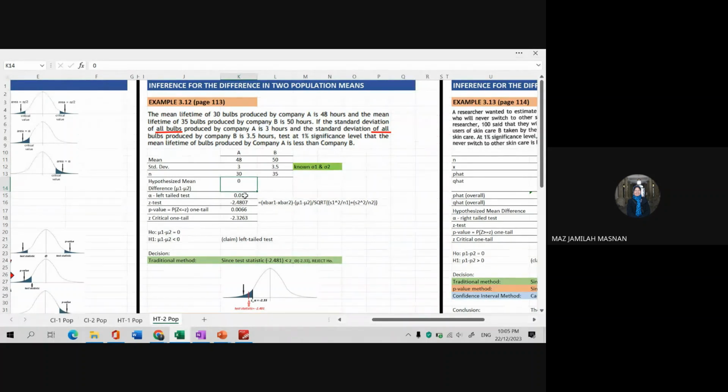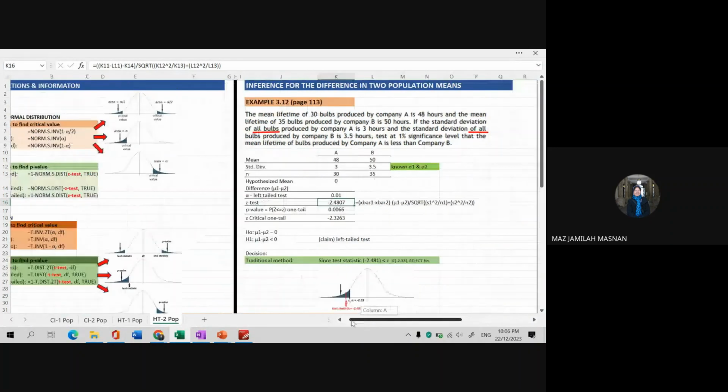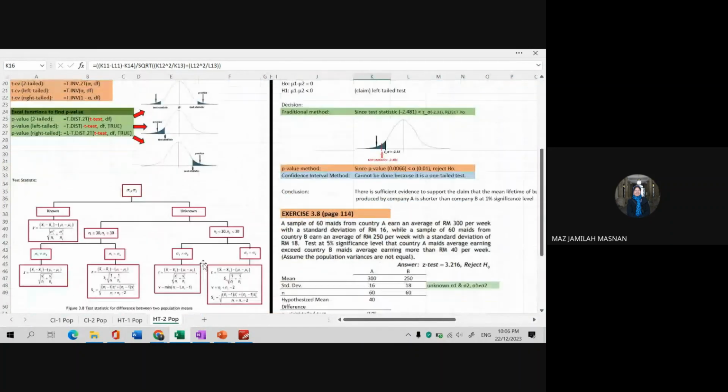Now, how to find the left tail test? Because this is less than 0, this is a left tail test. So left tail test for alpha 0.01. Then the z test is referring to your formula here. For known sigma, the z test is calculated using this formula.